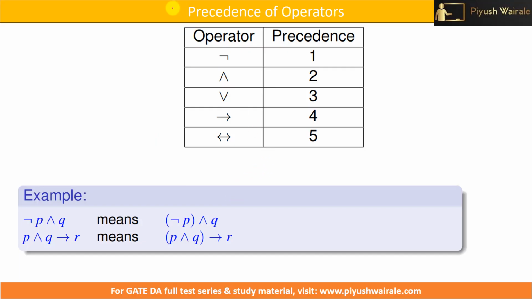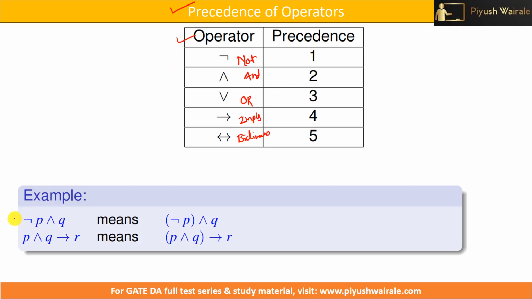This is what we discussed in the last video, part A, that is precedence of operators. We have different operators. This is the not operator, this is the and operator, this is the or operator, this is implication, this is implies, this is bidirectional, right? All this we discussed in the previous lectures, and this is the precedence of the operators, okay?